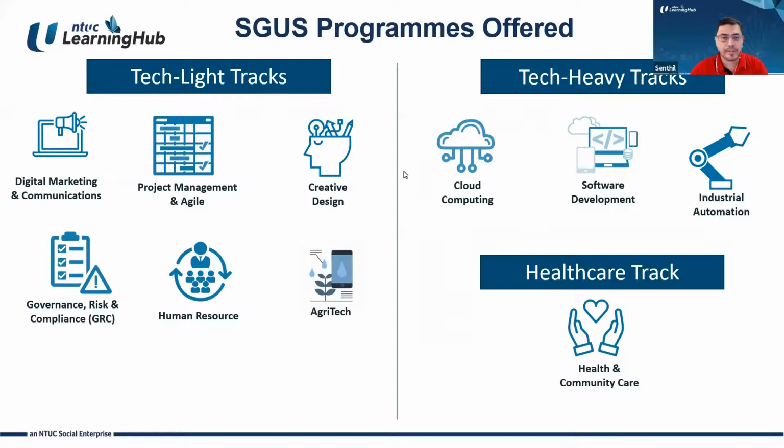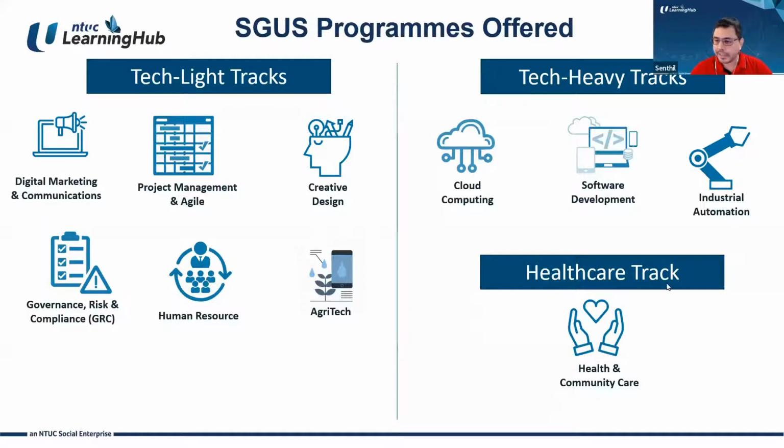Whereas if you are looking at ICT-related roles and you do not have a background in STEM, you can apply for the tech light tracks, like digital marketing, project management, creative design, governance, risk and compliance, human resource, and agri-tech. These roles don't require a science, tech, engineering, or math background.